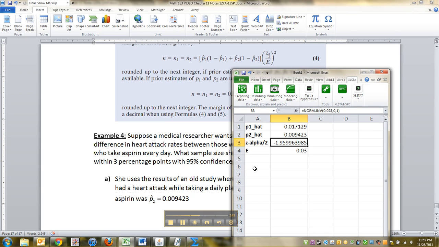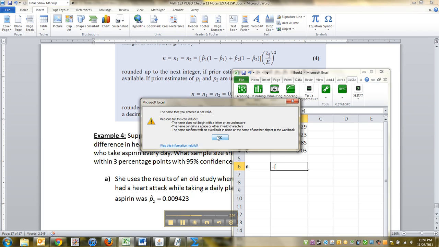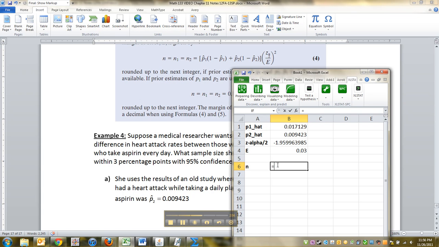So let me do it down here. So n would be equal to bracket, actually, I take it back, parentheses. P1 hat times parentheses 1 minus P1 hat. I forgot that Excel doesn't like the bracket thing.